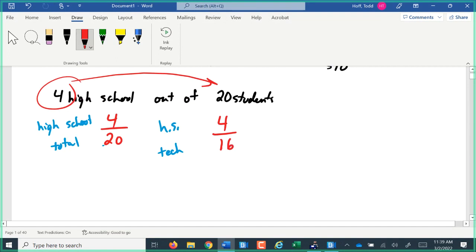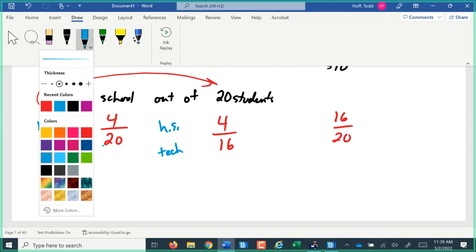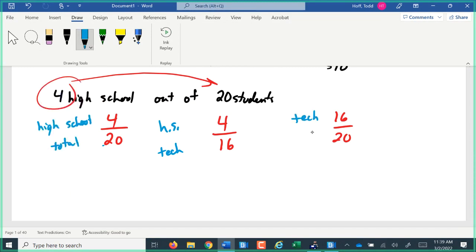So I could have a 4 to 16 ratio of high school to tech, or I could even do 16 out of 20 for my tech students out of my total. That ability to manipulate our ratios when it's an out of ratio like that is one of our important skills.